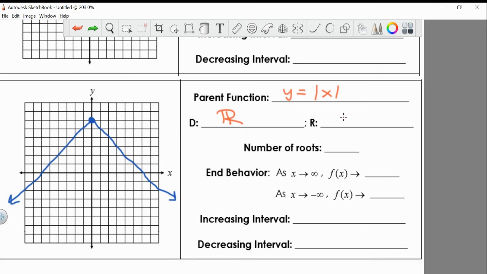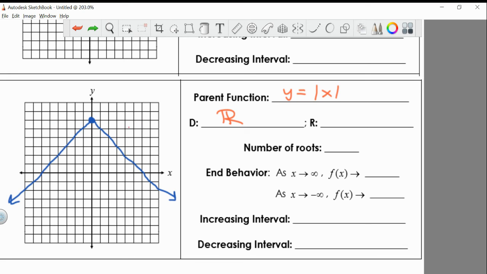Now my range, yes, yes, yes, no. Right? My range does not go up and down forever. My range has a top, right? This is the highest possible value of where my graph goes.